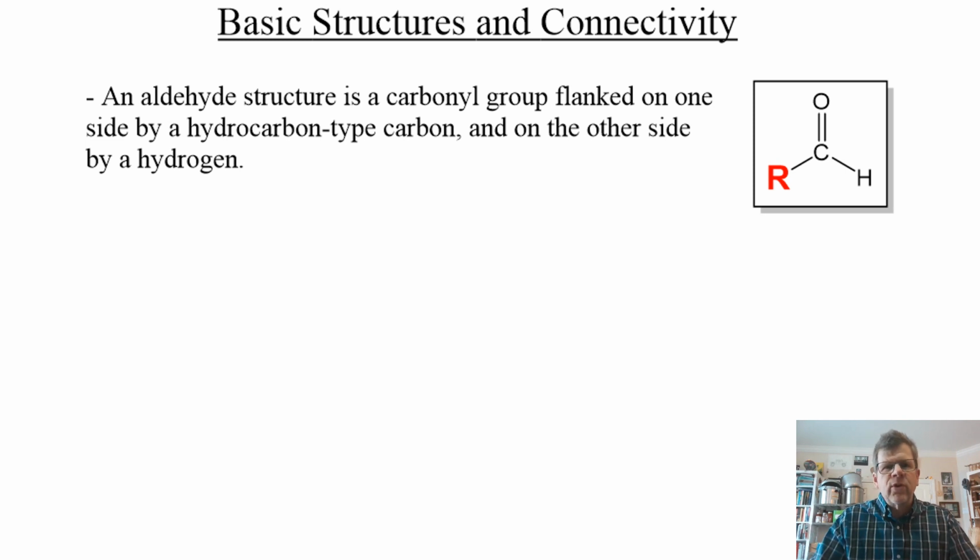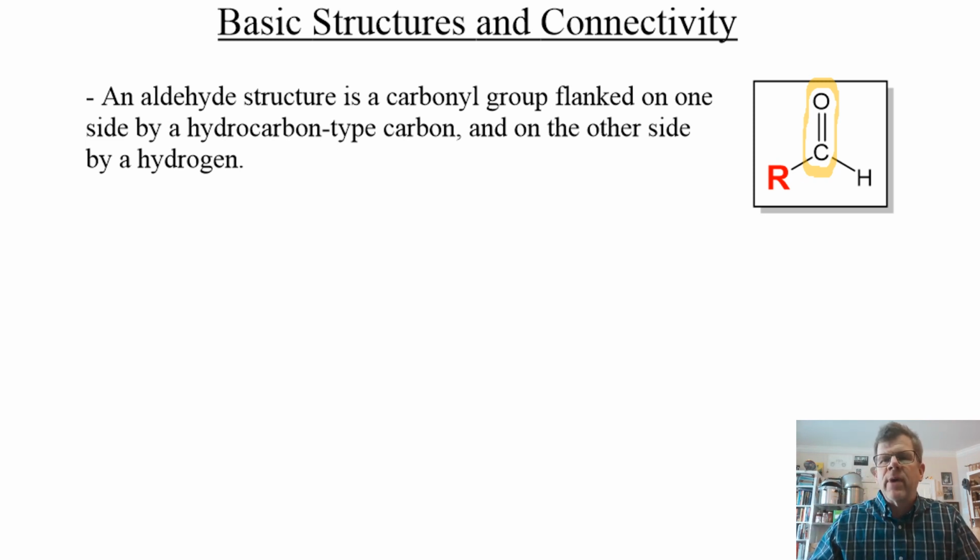Now, with respect to an aldehyde, again, having a carbonyl group, it is instructive to start looking at the carbonyl itself and then think about what is flanking it on either side. Since a carbonyl takes up 2 of the 4 bonds coming off of carbon, 2 more have to be emanating from it, and those will be the 2 flanking components.